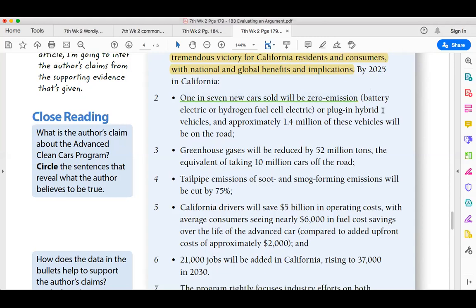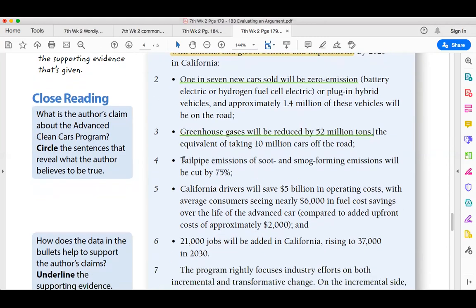And the next thing is greenhouse gases will be reduced by 52 million tons, because as long as we're driving cars, we're making the greenhouse effect. If we go to electricity, it saves our money. The next one is tailpipe emissions, and that's really getting rid of soot. It's that stuff that comes out of the back of a car that's nasty.